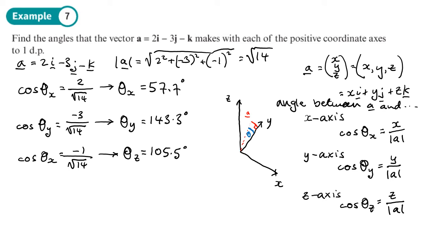Now, if a question said that they want the acute angle, then you would just do 180 minus the answer. Okay, so it just says the angle. So acute angle between a vector and an axis will just be 180 minus the angle, and that'll give you the acute angle if that's what was required.